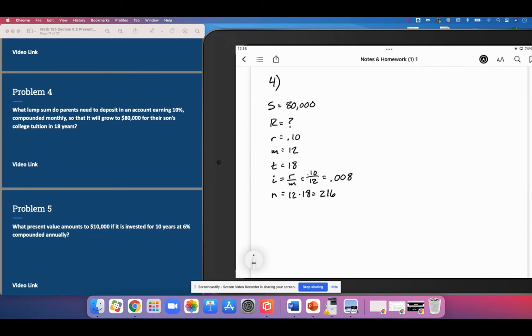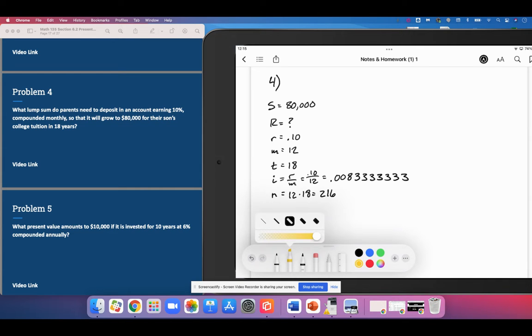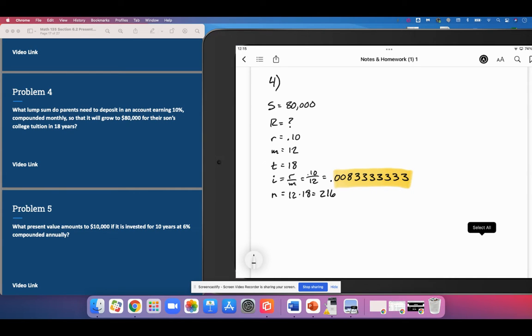And I need to talk on this point for a moment, everyone. This 3 that keeps going forever, if you choose to use this in Wolfram, you need to carry that decimal out to about 10 places, because that's going to have a huge impact on the amount of money that's in the account.